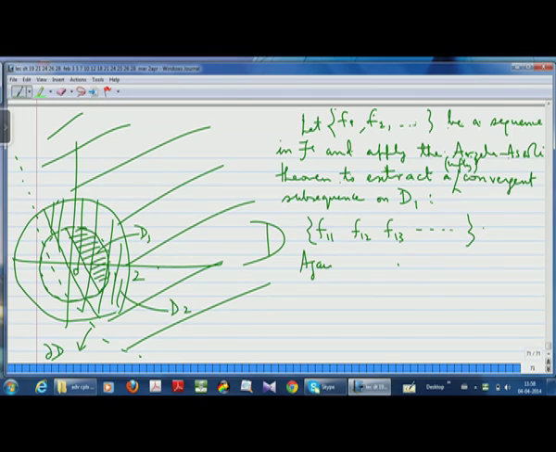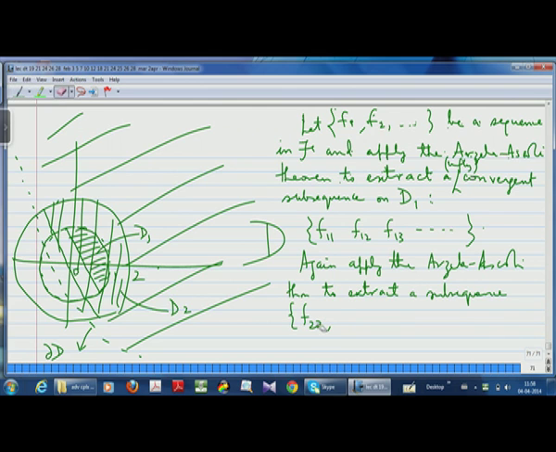So let me write that down. Again apply the Arzela-Ascoli theorem to extract a subsequence f21, f22, ... that converges uniformly on D2, okay.